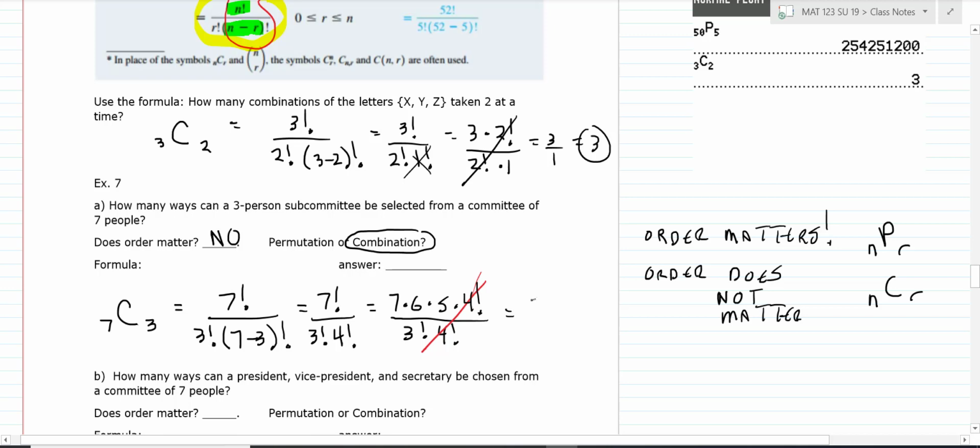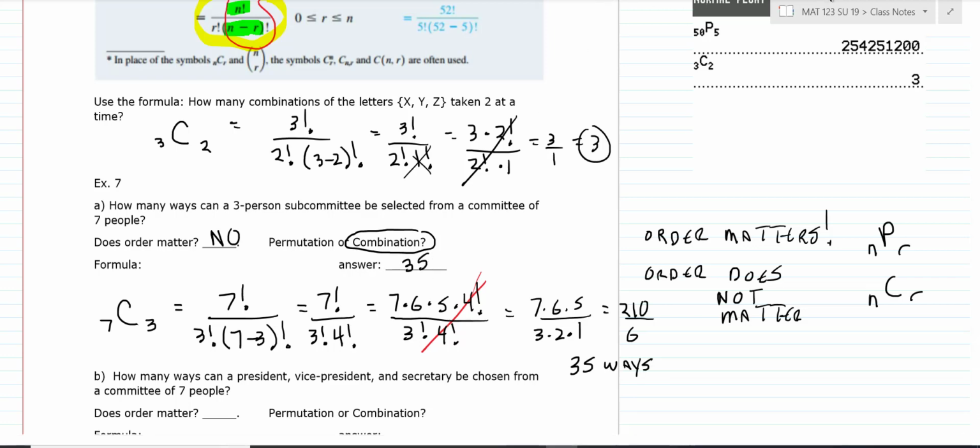This would just be 7 times 6 times 5 over 3 times 2 times 1. 7 times 6 times 5 is 210, divided by 6. So that would be 35 ways that you could put that together.